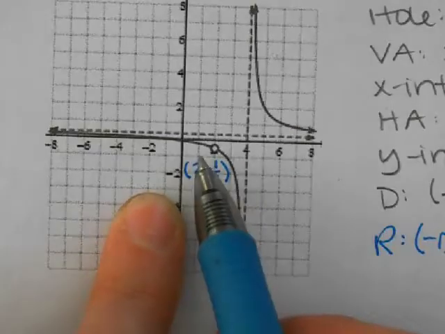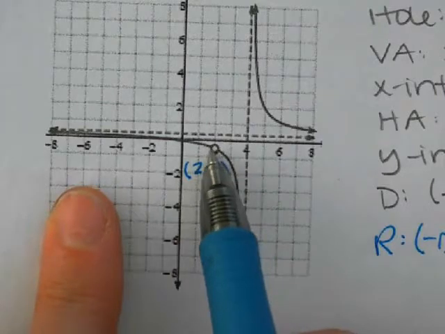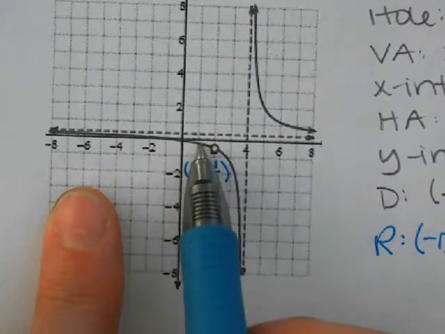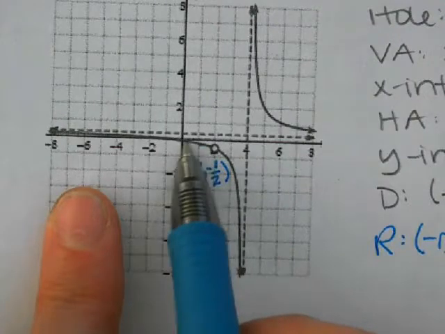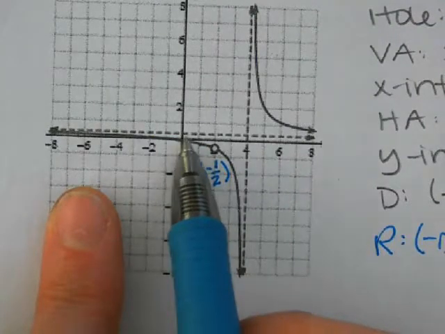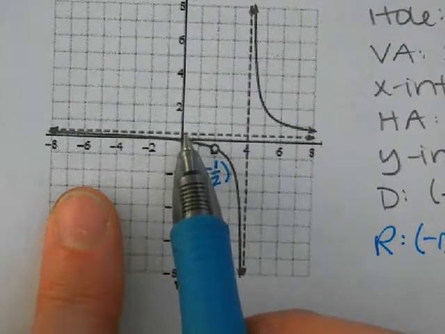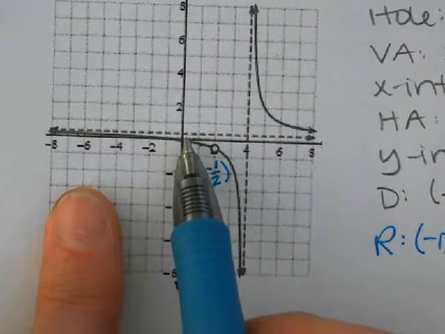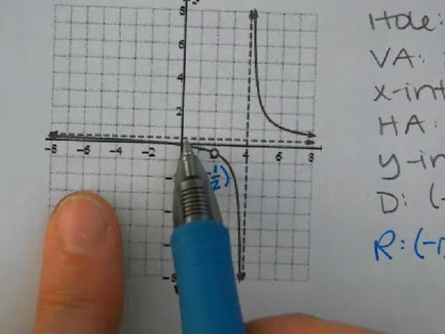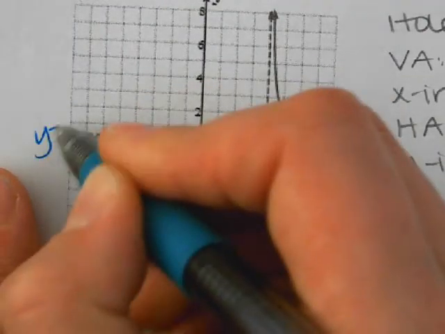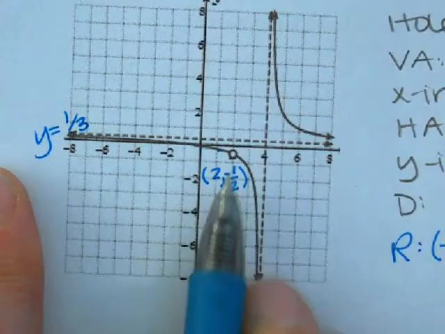Now we have the y value of -1/2. We don't quite have it, but a y value of -1/4 we can see on there, and a y value of 0 we can see on there, and then we have this dotted line. That's an asymptote. We have to skip that. What was the asymptote at? 1/3. So it goes from -1/2 to 1/3.